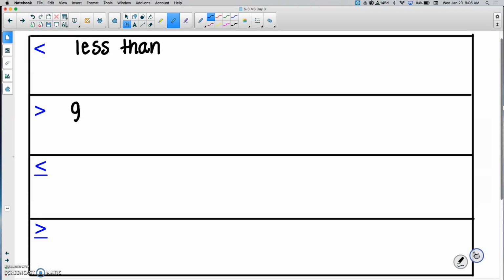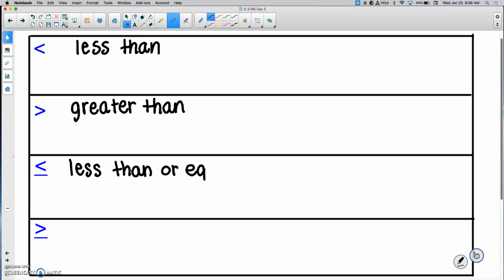The second one, greater than. The third one, less than or equal to. So far, all I'm doing is giving you the most common names. And then the last one, greater than or equal to.